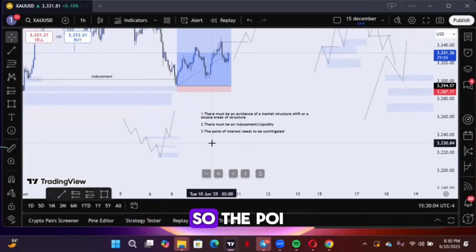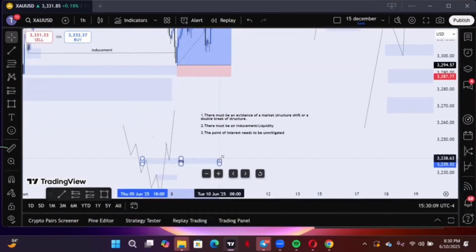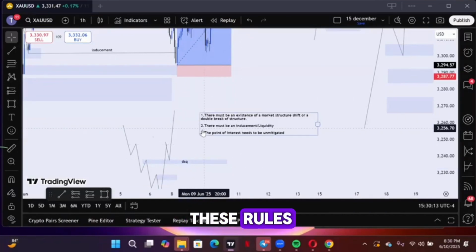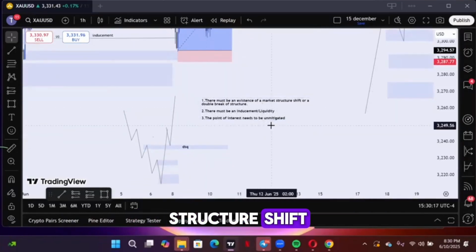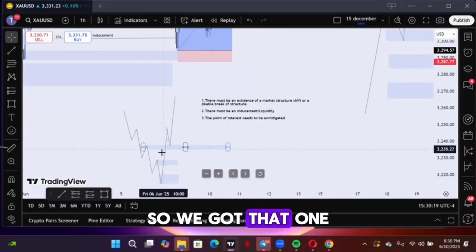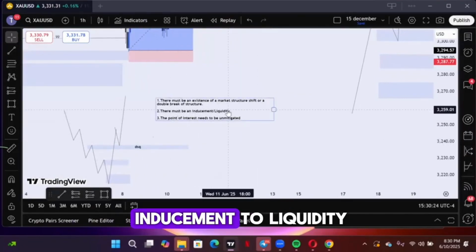You understand? So yes, you have to follow these rules correctly. Any POI that does not match any of these rules, you disqualify them. So the first rule says there must be an existence of a market structure shift or a double break of structure. So we got that when we got the structure shift here to the upside. Second rule, there must be an inducement or liquidity.